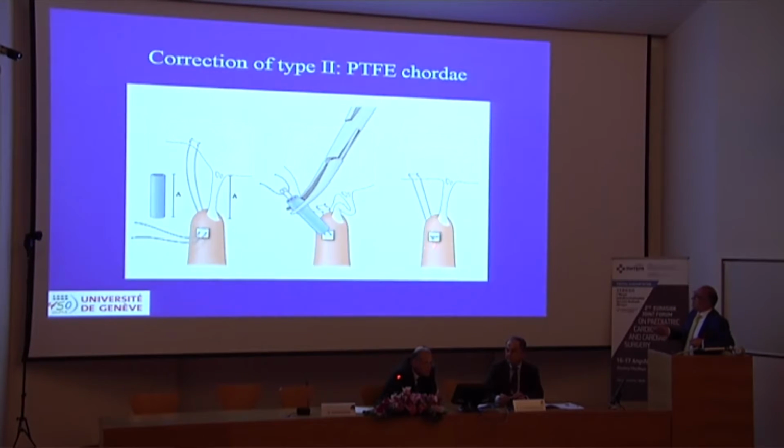And then I adjust by this way, and I have usually no problem. And when you tie on the papillary muscle, thanks to the longitudinal split, you can easily remove the small part of tourniquet.